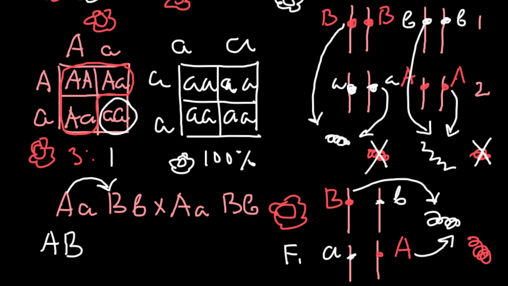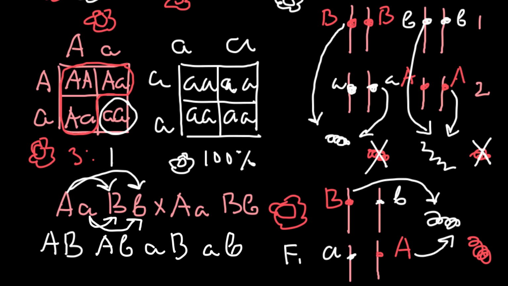So the second variant would be capital A and small b, and the third variant would be small a and capital B, and the last variant would be small a and small b. So I used the genotype of parent 1, but as you see, the parent 2 genotype is the same. So parent 2 would produce the same four variants of the gametes.